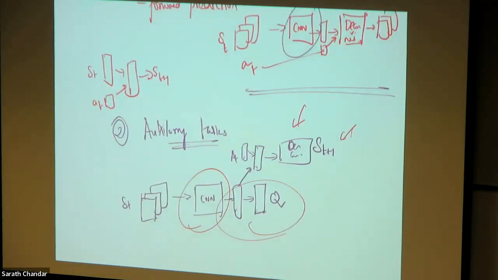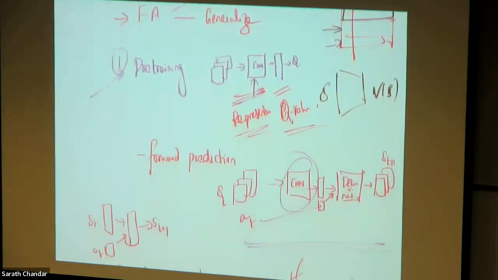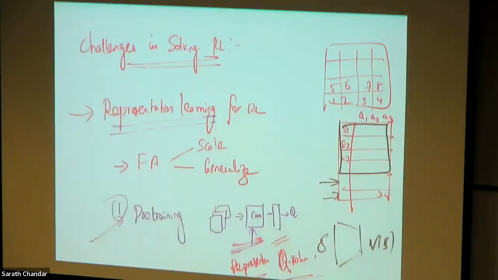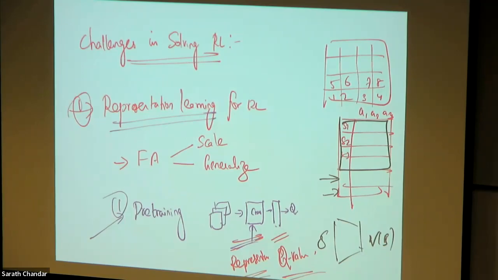Okay, so this is about learning good representations. Now there are also other issues in solving reinforcement learning, right? So probably that's the second issue. We can talk about partial observability, which is something that we have already covered.